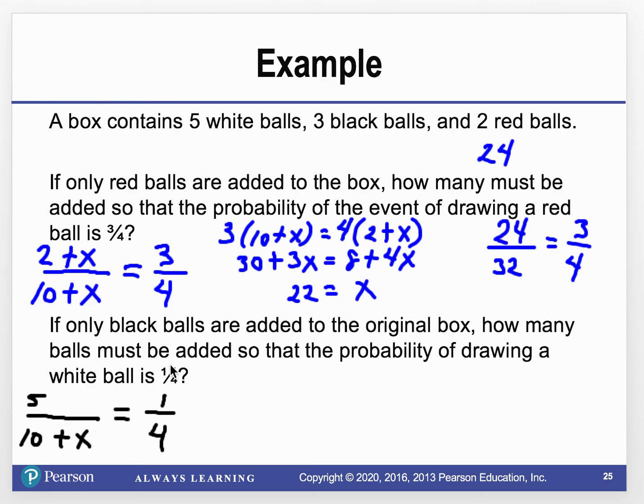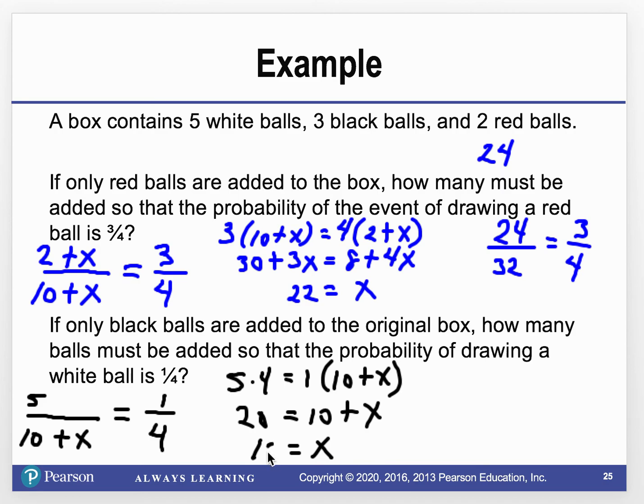Then again, cross multiply. 5 times 4 is 1 times 10 plus x, or 20 equals 10 plus x. Subtract 10 from both sides. So I would need to add 10 black balls, which would give me 5/20, or 1/4.